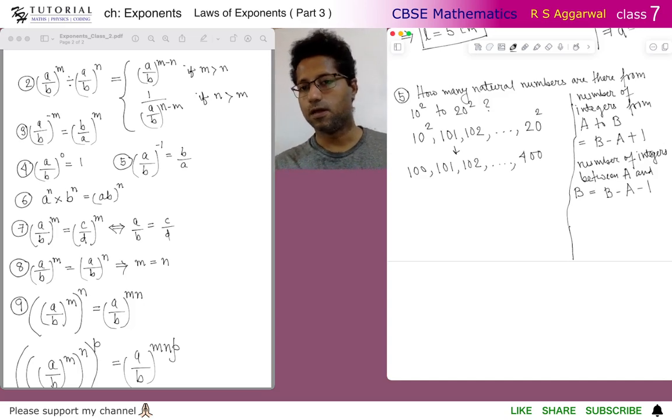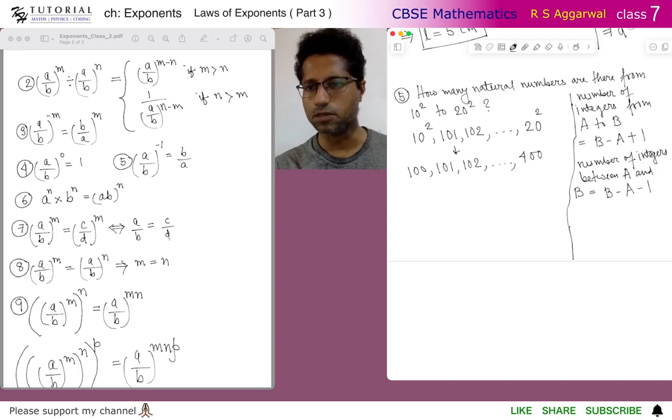The first one is the number of integers from A to B, that includes starting from A and ending at B, it includes A and B. In that case, the number is B minus A plus 1, whereas the second one is the number of integers between A and B, it does not include A and B. So starting from A plus 1 to B minus 1, the formula is B minus A minus 1.